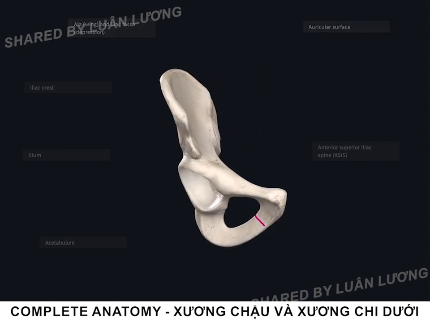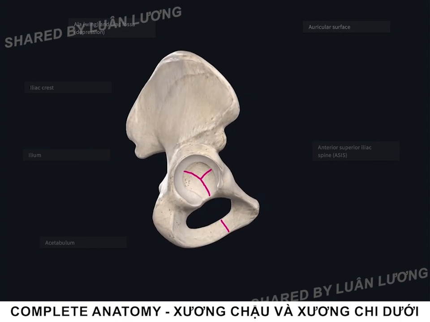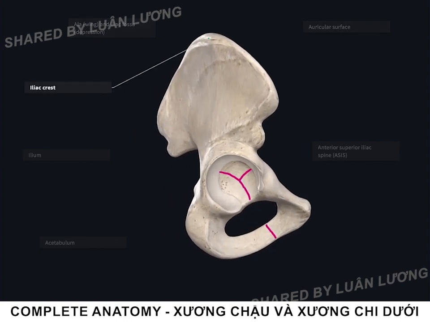At the superior extent of the ala, we're going to see a ridge known as the iliac crest, which can be felt or palpated in majority of individuals. If we followed the iliac crest anteriorly and slightly inferiorly, we're also going to be able to feel or palpate a large prominence anteriorly.